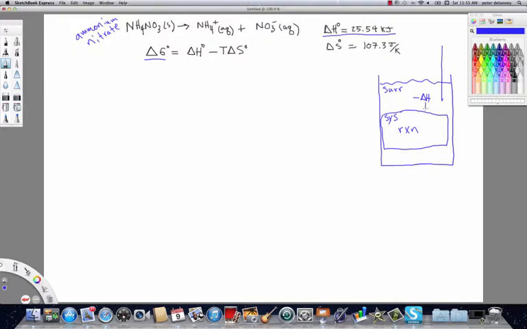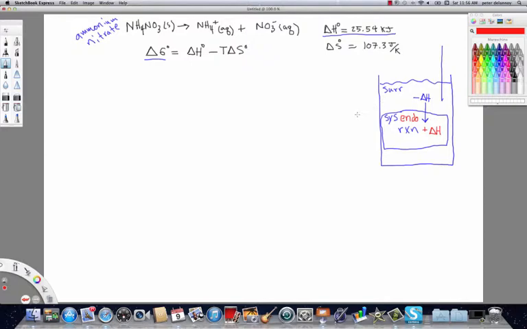And what that tells us is that energy is being transferred from the surroundings into the system, being the chemical reaction itself, which, like I said, is the conversion of solid ammonium nitrate into a solution of ammonium ion and nitrate ion. Endothermic because the surroundings loses energy and our system is gaining it. So relative to the system, this process is endothermic.